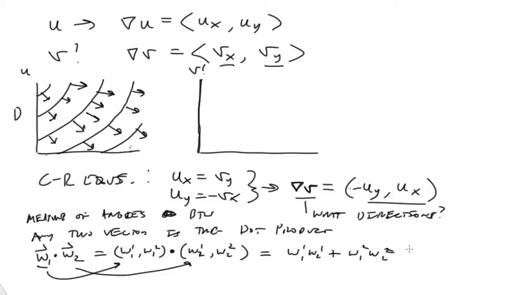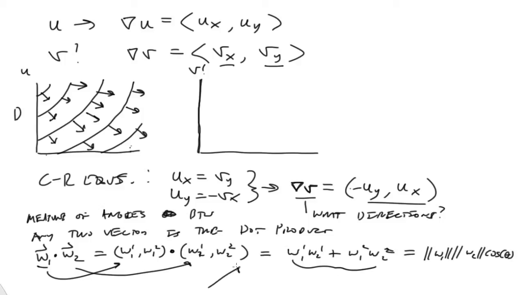Okay, so this is a real number. I'm going to take away the absolute values there. This is going to be equal to the magnitude of w1 times the magnitude of w2 times the cosine of the angle between.